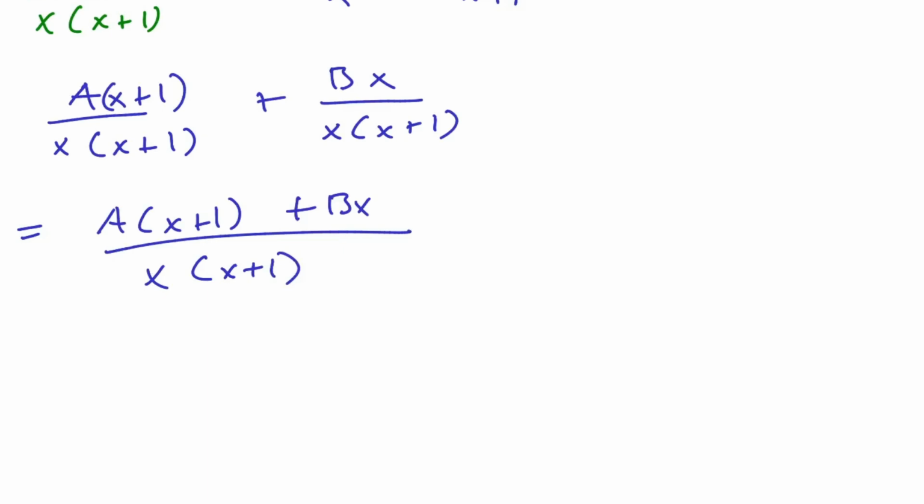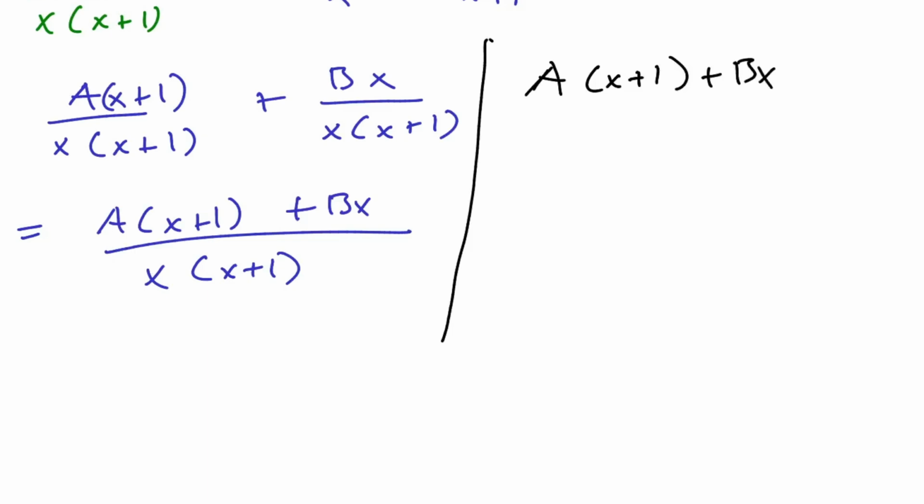Now we need to set up the equation to solve for A and B. I'm going to do that in this box over here. On the left-hand side of our equation, we're going to have A(x plus 1) plus Bx over x(x plus 1), the same thing we have here. On the right-hand side, we have our original, 1 over x(x plus 1).